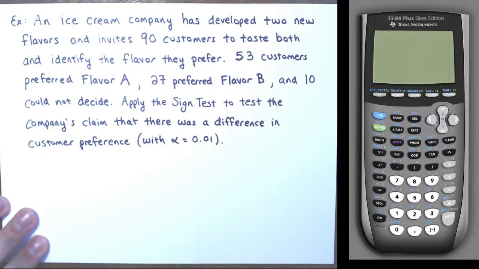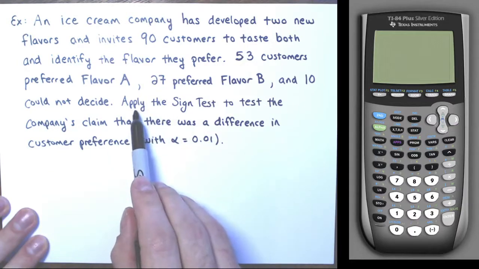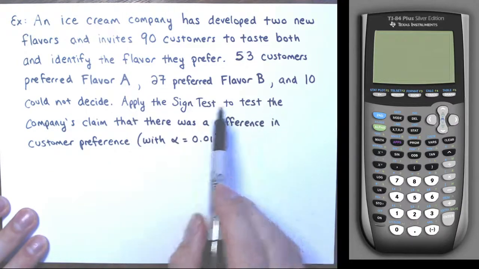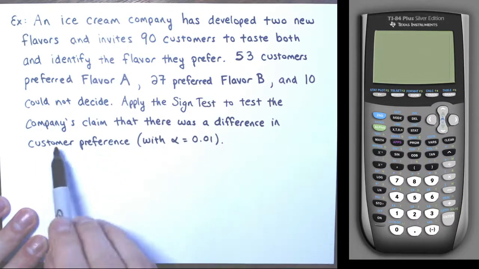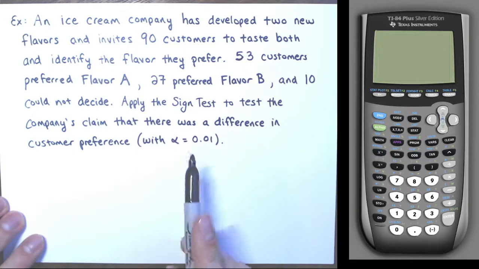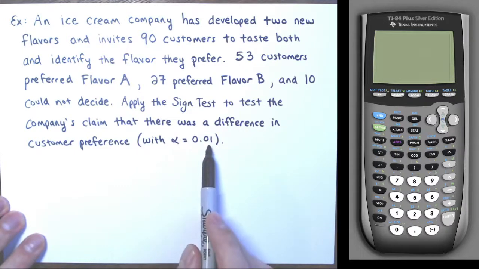They were equally good in their eyes. So I'm asked here to apply the Sine test to test the company's claim that there was a difference in customer preference, with the significance level being 1% this time, 0.01.